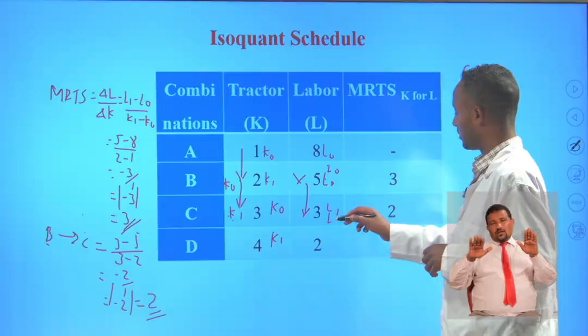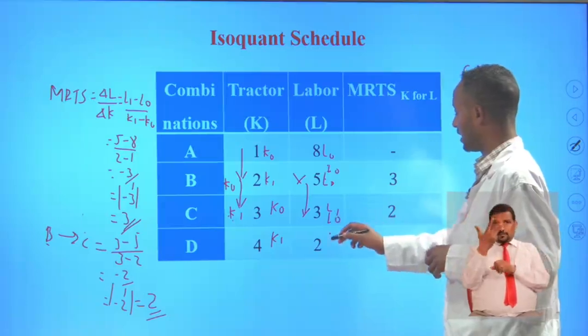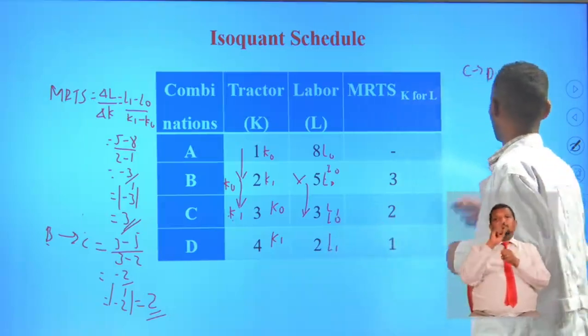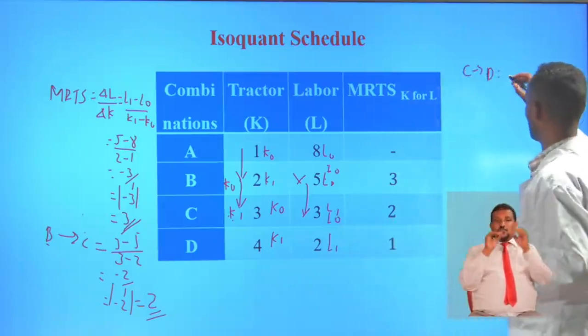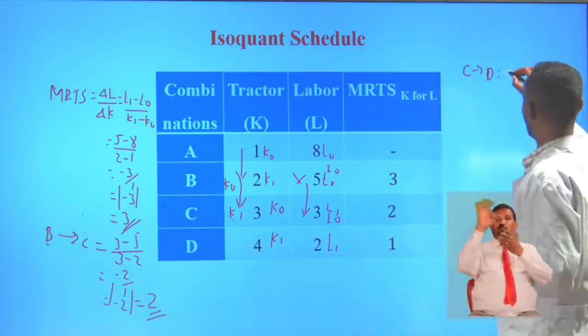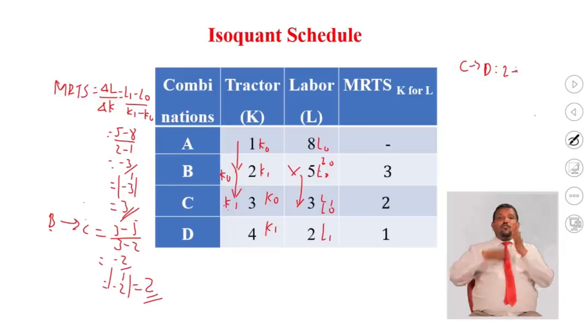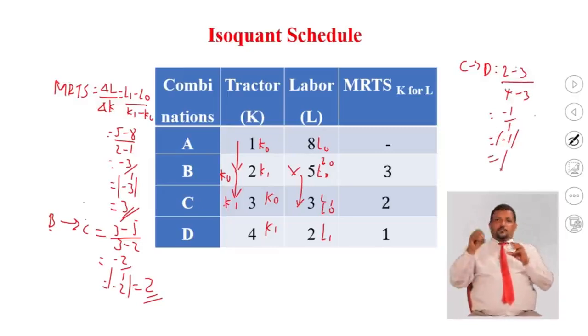That means labor was initially 3 and finally declined to 2. And when we put this information in this formula, the value of labor final is 2 minus labor initial 3, and the value of tractor final is 4 minus tractor initial 3, and then this is minus 1 over 1, and we are left with minus 1. When we take the absolute value, we are left with 1.